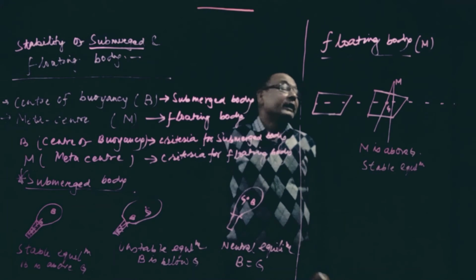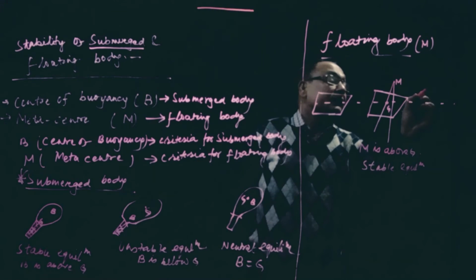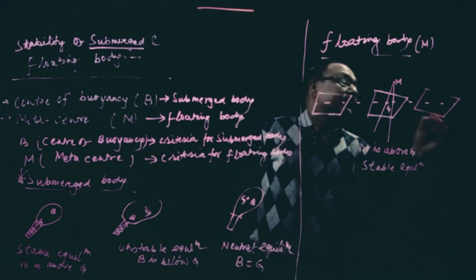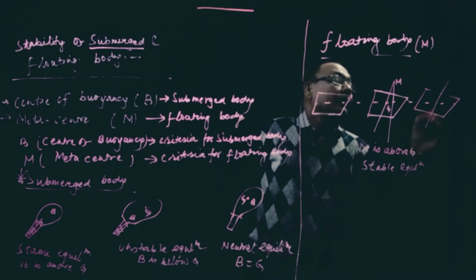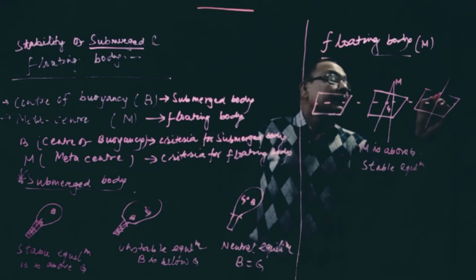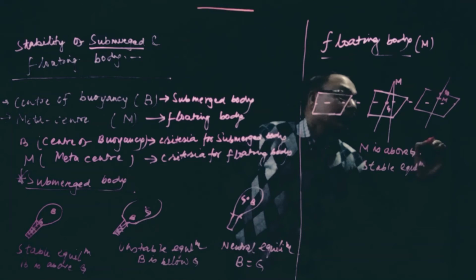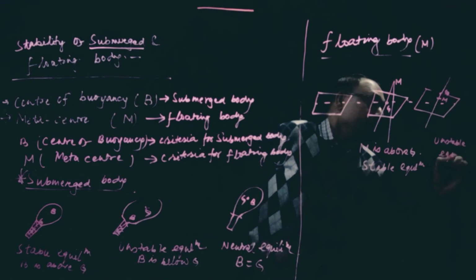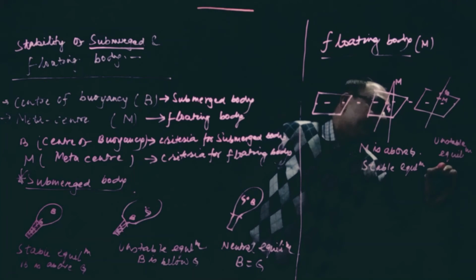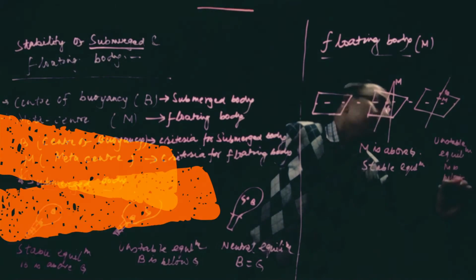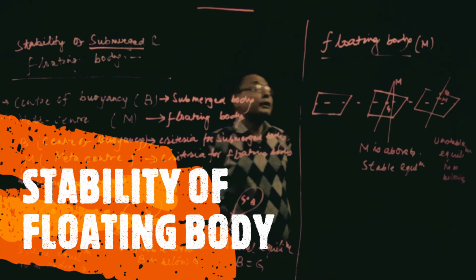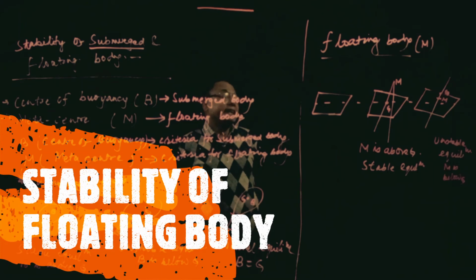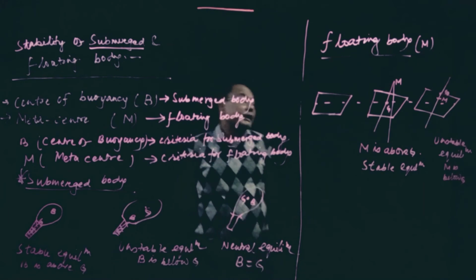Another, suppose this body is like this, and this M is here. This is called unstable equilibrium, when M is below G. M is above G, then it is called stable equilibrium.